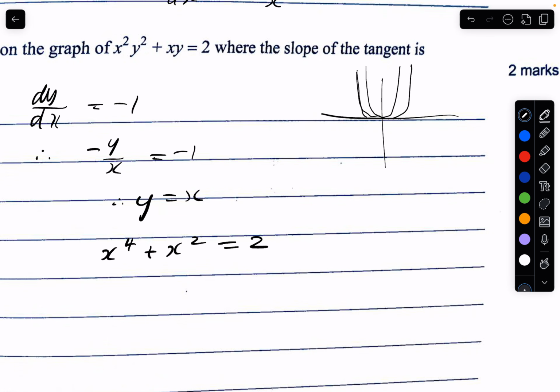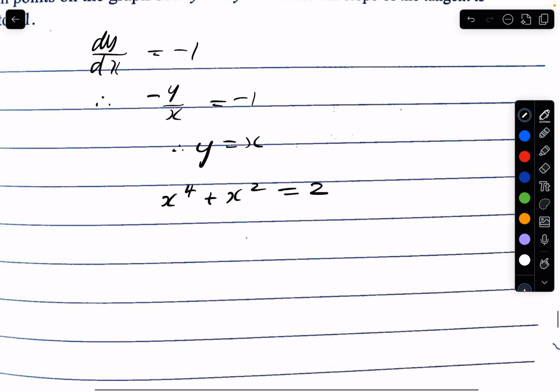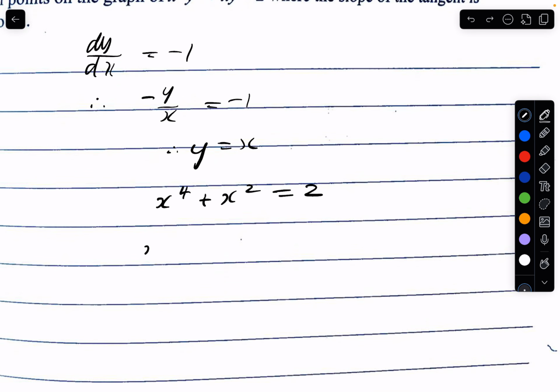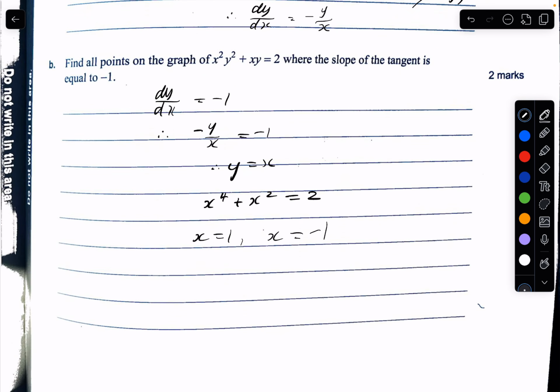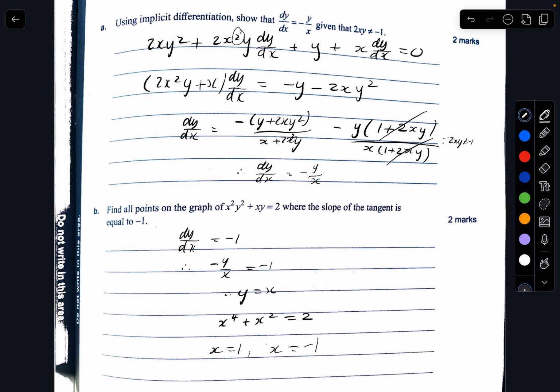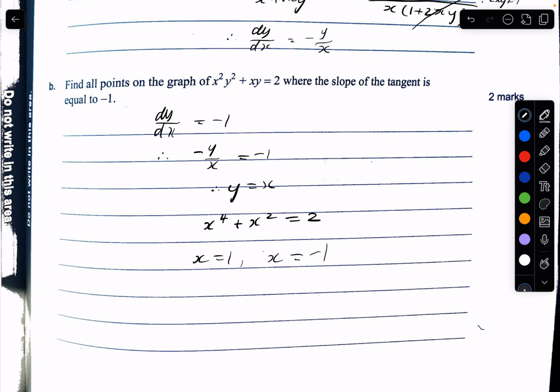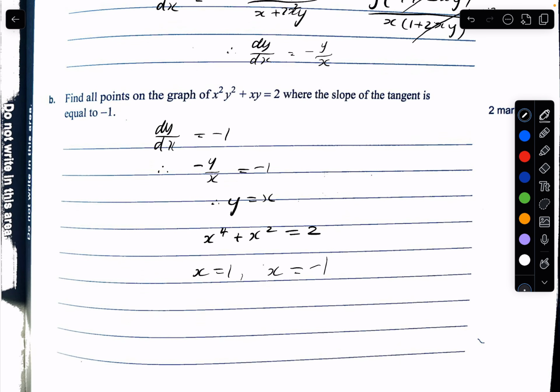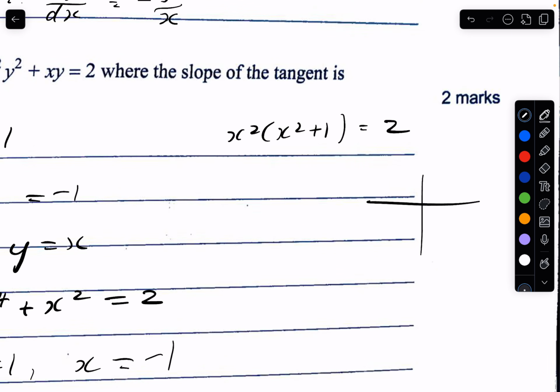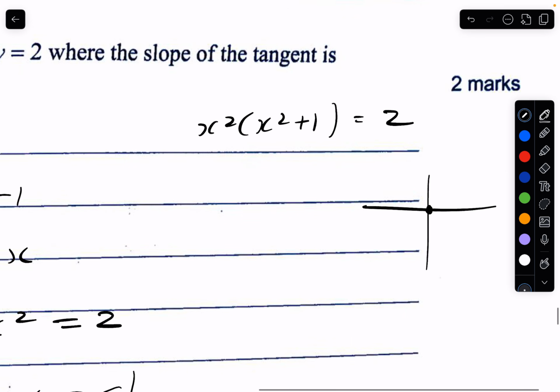So you've got 1, you've got negative 1. And I don't think you've got anything else. Let me just double check. So yeah, you've only got this.